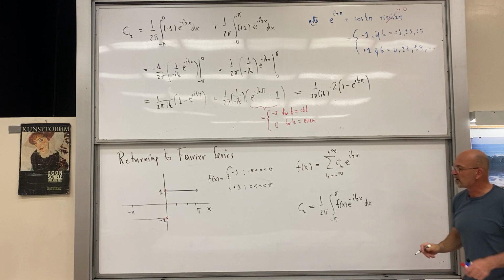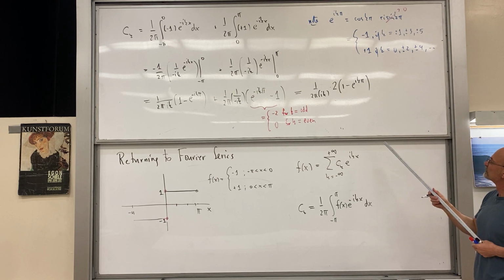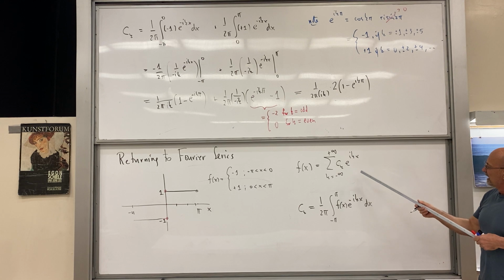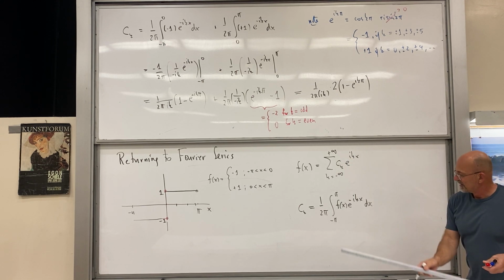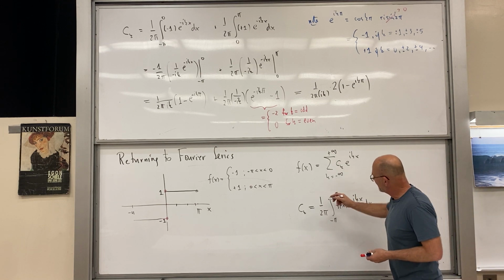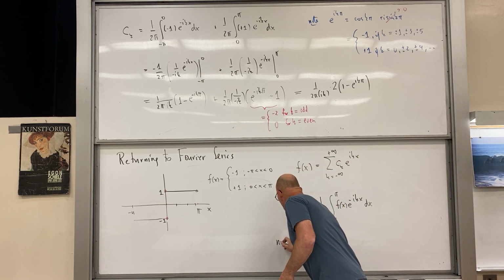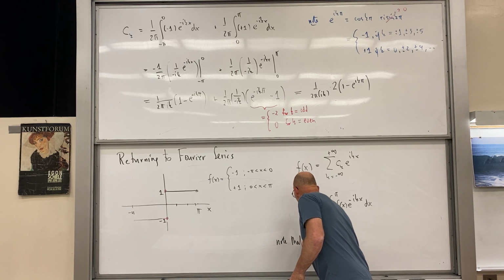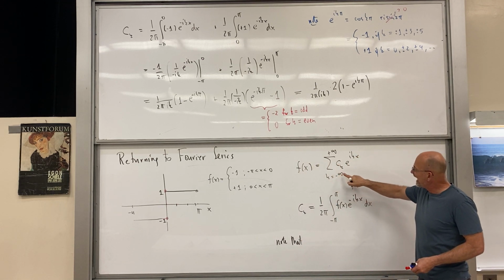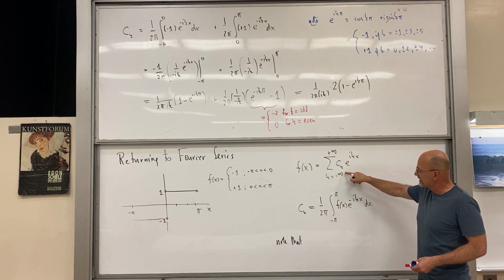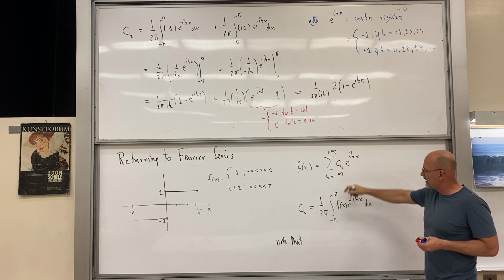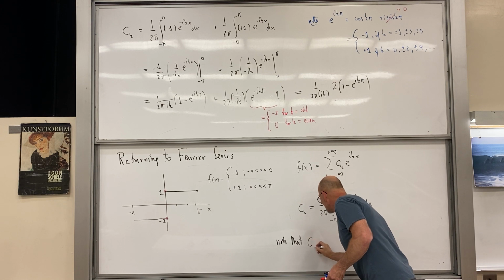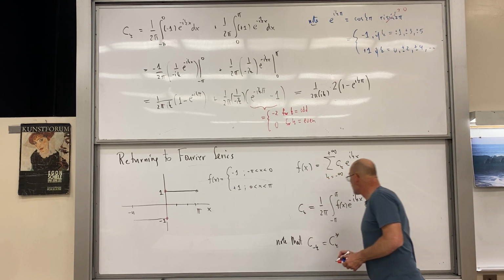That's something I could have drawn our attention to before. And that has to do with the structure of these things here. It turns out that C sub negative k, like C sub minus 2, is equal to C sub k complex conjugate. So C sub negative k is equal to C sub k complex conjugate.